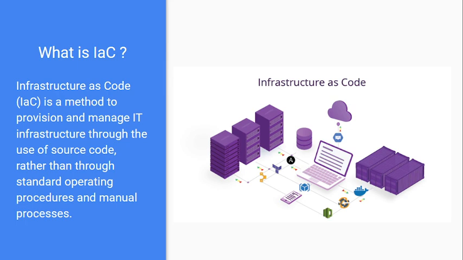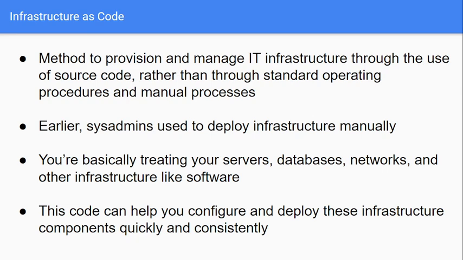I'll code that I need two VMs with this configuration, and then run that code and it will create those VMs for us. After creating the VMs, whatever we want to configure, like configuring an Apache server on it or editing something in some files, that configuration we can do using infrastructure as a code.